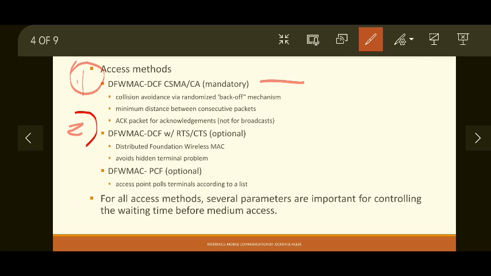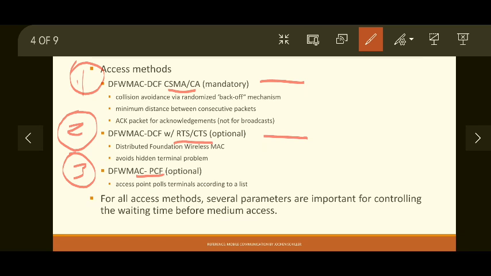The second one is DFWMAC-DCF with RTS/CTS. This is optional. Now see, both are DCF based. The first one is CSMA based, the second one is hidden terminal problem solving based, so it is using RTS and CTS packets for solving the hidden terminal problem. And the third one is based on providing time bounded services based on the PCF. This is also optional.